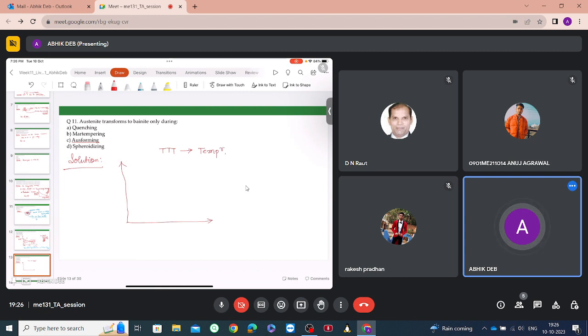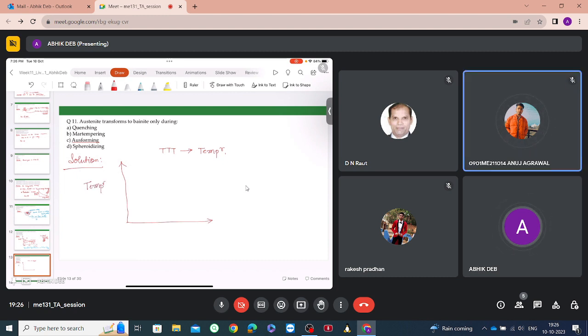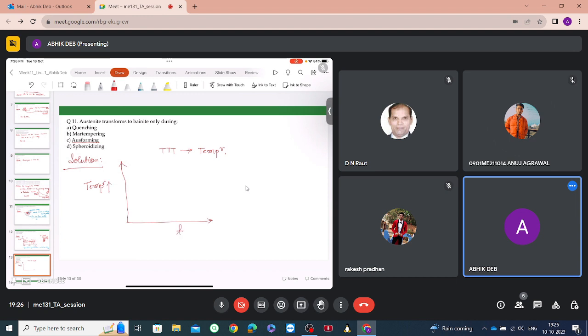You gave me only two T's. This is the temperature, and time. Yes, this is time. So temperature time transformation diagram. This is also called controlled cooling, where the cooling will be maintained at a fixed temperature. That is isothermal cooling mostly.